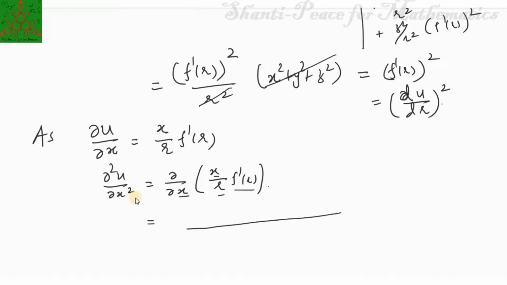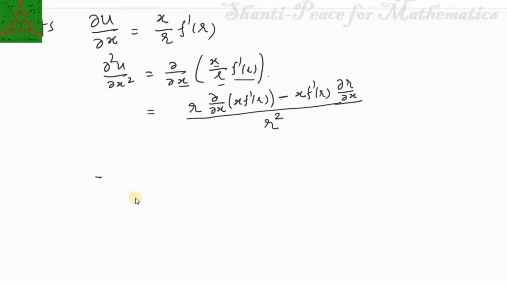So first I am applying the division rule, so that is denominator square, denominator as it is, the del by del x of x into f dash of r, minus x into f dash of r as it is, del r by del x, that is the derivative of r with respect to x. This will give you r. Here I have to use the product rule.